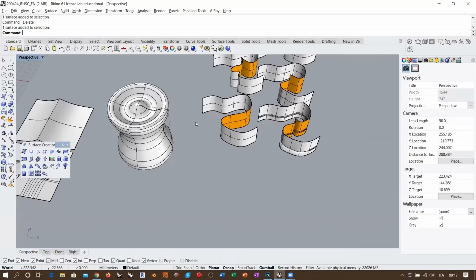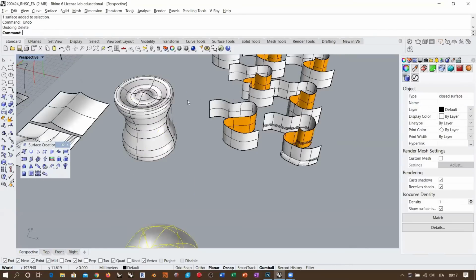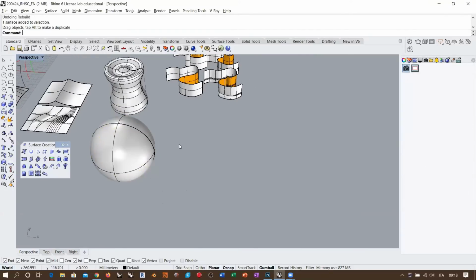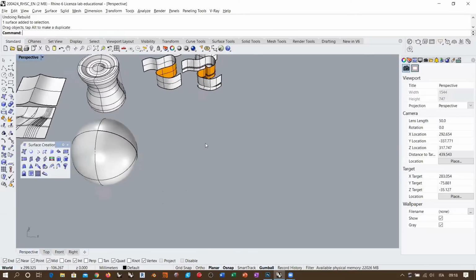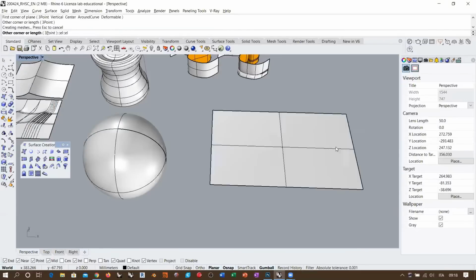By the way, topologically speaking, Rhino surfaces are always rectangular. In order to obtain this kind of object, which is basically the same, you need to take the standard rectangular surface in Rhino, which is this one.